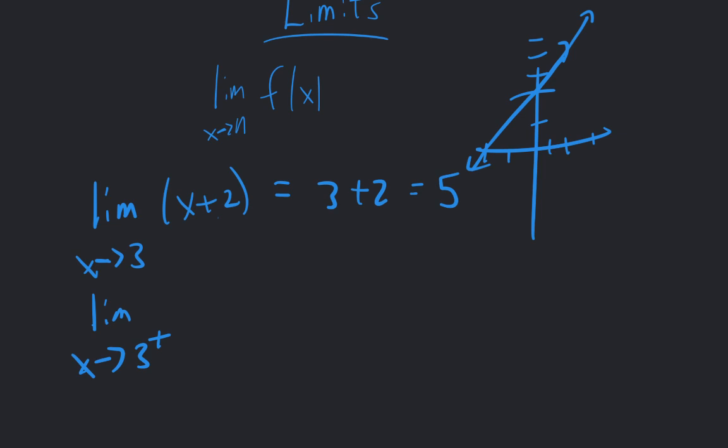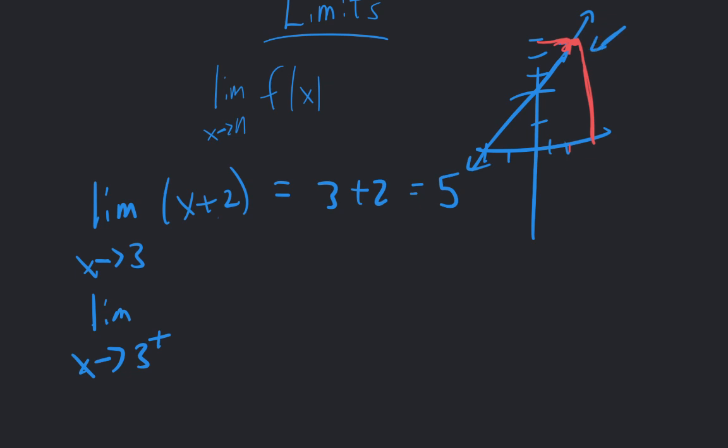For this instance, I drew a very awful graph, but it would be what would happen at around this point. This x is equal to 3, y is equal to 5. Not a very good graph, but it's there. So if we come from the right, we're coming from this direction.